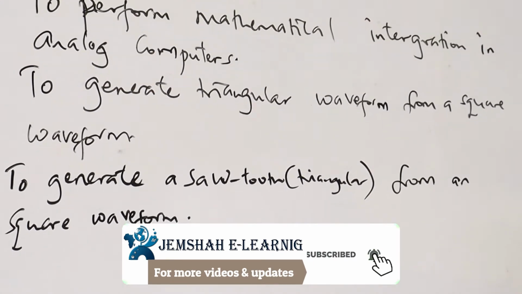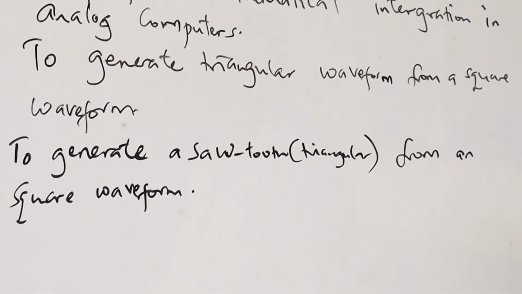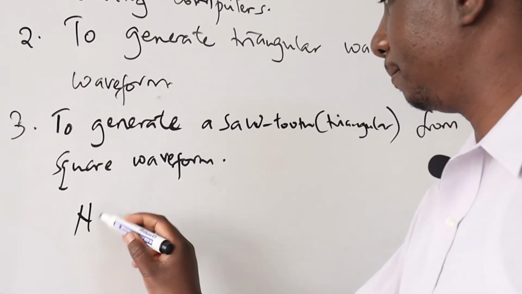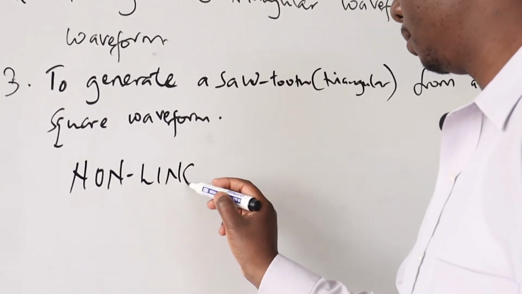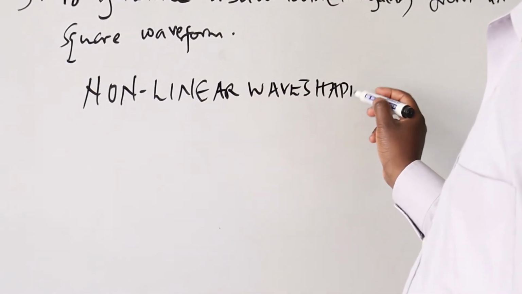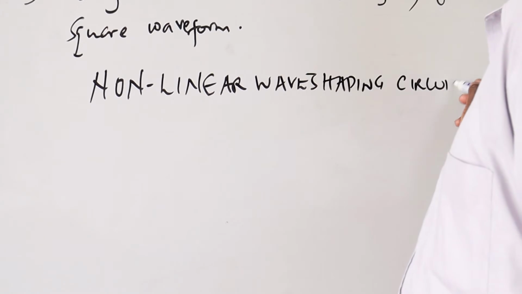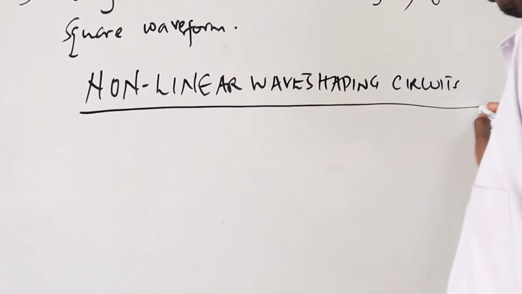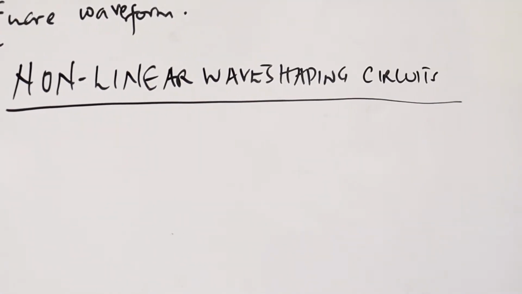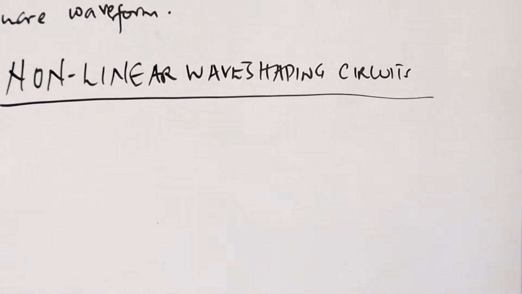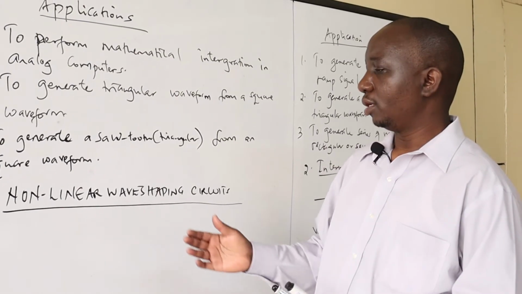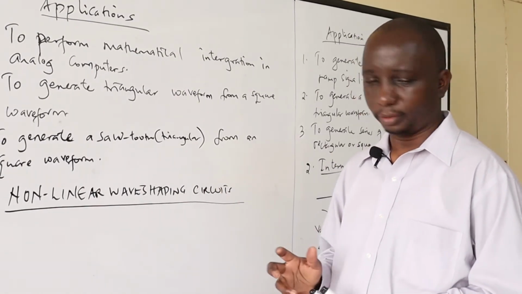Then we are going to go to the second type of wave shaping circuits, the nonlinear wave shaping circuits. These use nonlinear components, for example a diode, and one of the things we realized is that we are able to use this basically for clipping.